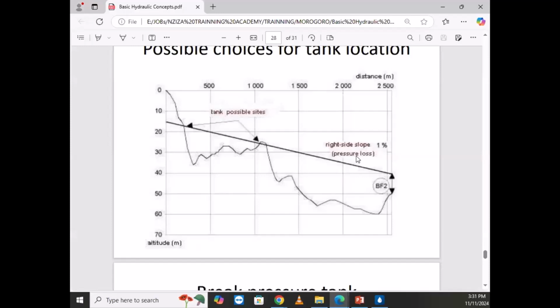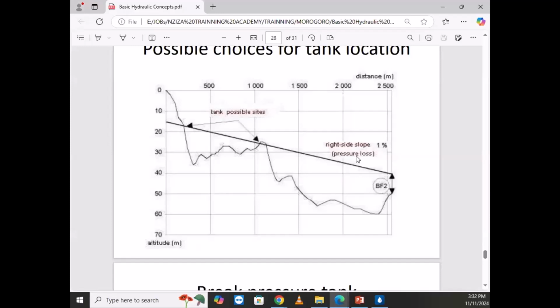Tomorrow you will be having a profile like this one in WaterGEMS. By sketching it, you also have to know how to interpret it. If the altitude is 70 at this point, this one is 60, and this one the altitude is 10. So our tank immediately has to come here.